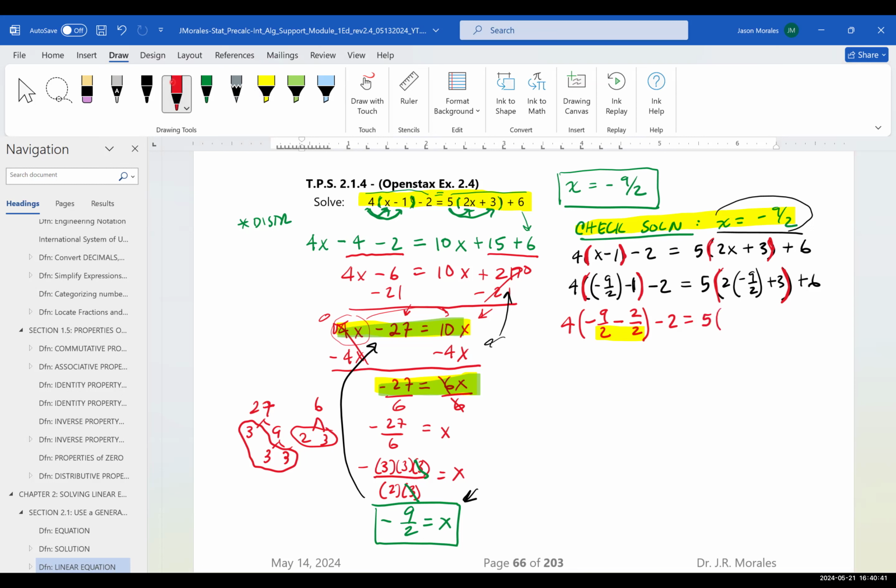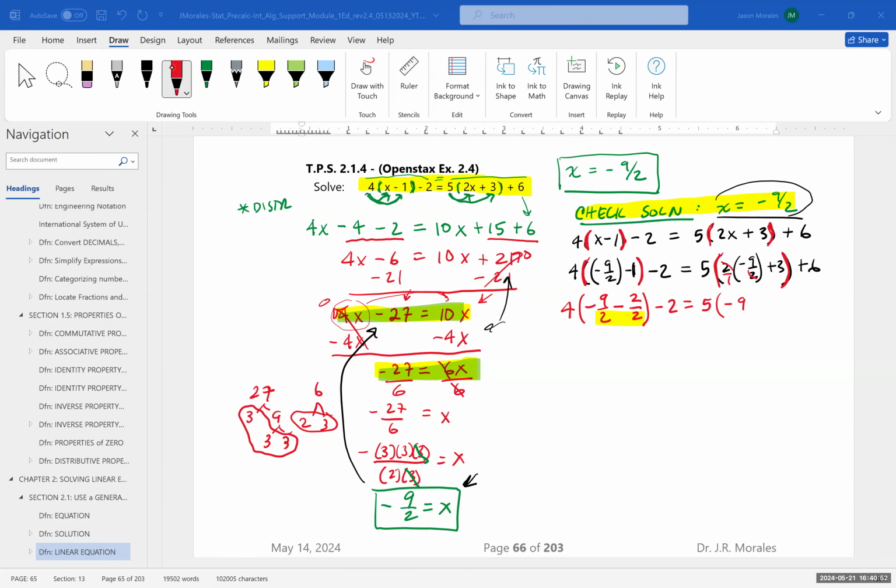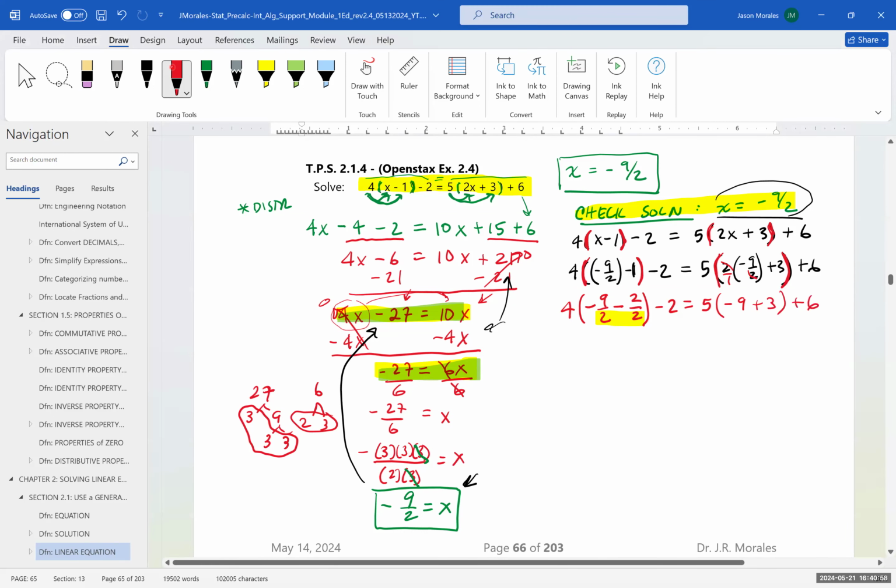Okay, and we've got 5 here. Now this 2 we can write as 2/1, and the 2's will cancel. So that leaves us with -9. Oops, apologize for that. That will leave us with -9 plus 3, and then plus 6. All right.